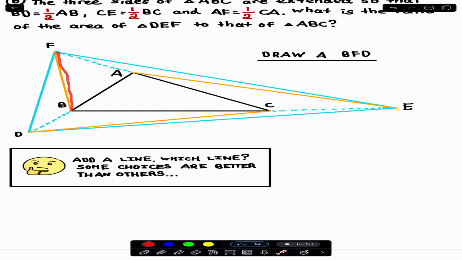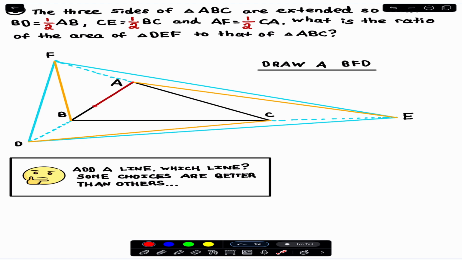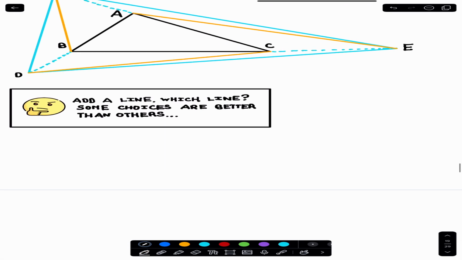Also, notice that this line over here has created these 2 triangles, one of them being the original triangle itself, triangle ABC, and triangle ABF, which both share an altitude from B when it comes down. So we can see we're probably heading on the right track.